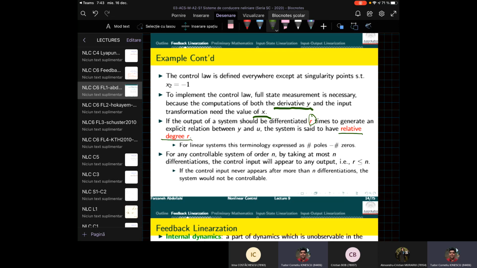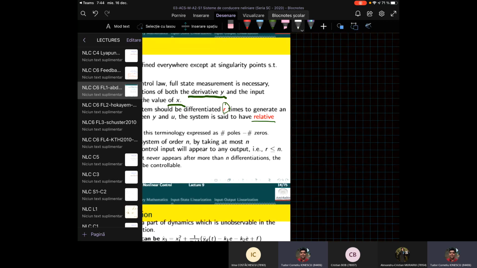For linear systems, this relative degree is related to the poles and the zeros. It is expressed as the number of poles minus the number of zeros. How do you call this in the linear case?